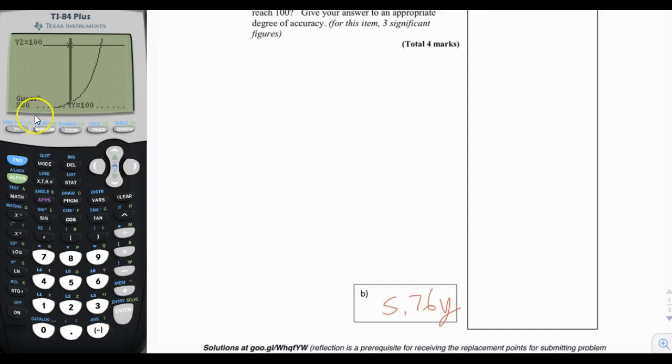There's only 2 in there. Is your guess 0, 100? Yeah, that's fine. It doesn't matter what guess you have because it only crosses in one place, so your guess can be anything. Your intersection is 5.76, 100. Okay, so those are 2 different ways to find the answer to 3 significant figures.